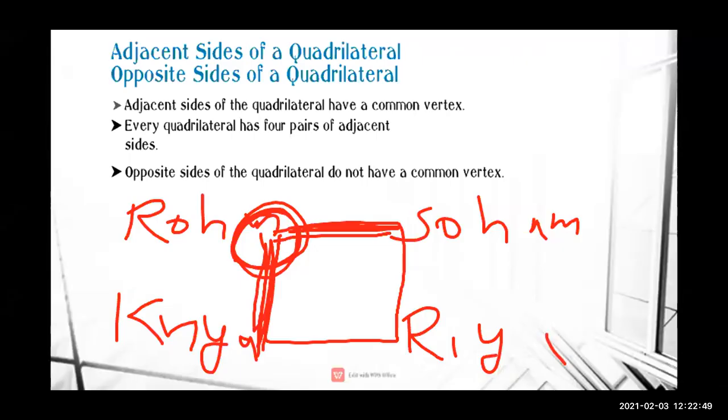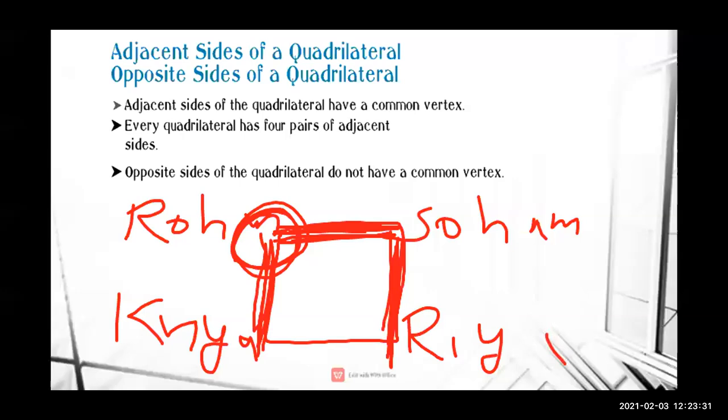Now you can see another name. Now I will take Soham. Soham with Rohan, Soham with Riya. These are what? These are our adjacent sides.